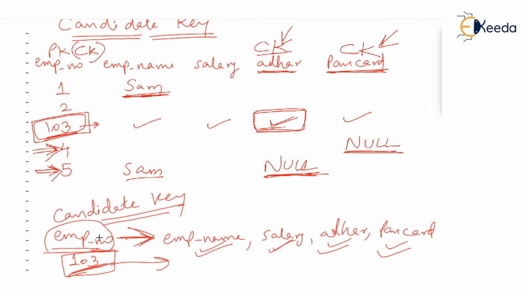Primary key, should it be employee number? Aadhaar card number? PAN card number? So there were 3 candidates and one of them will win the election to become primary key. And the column which won the election was employee number. I hope you are understanding.